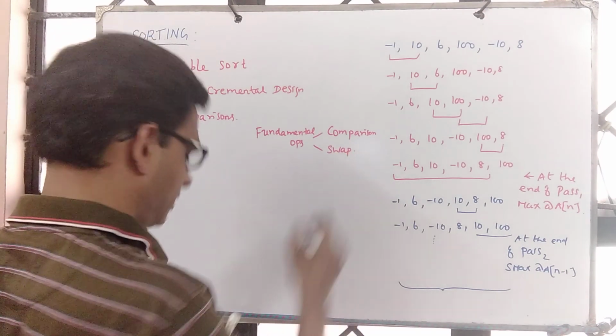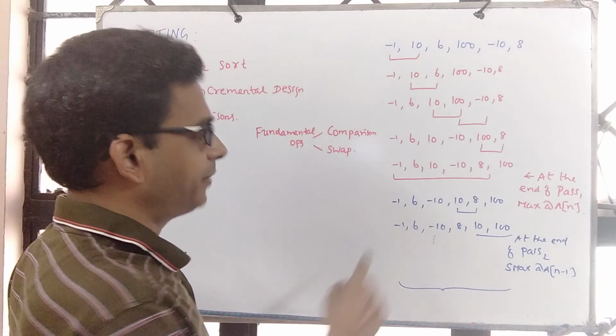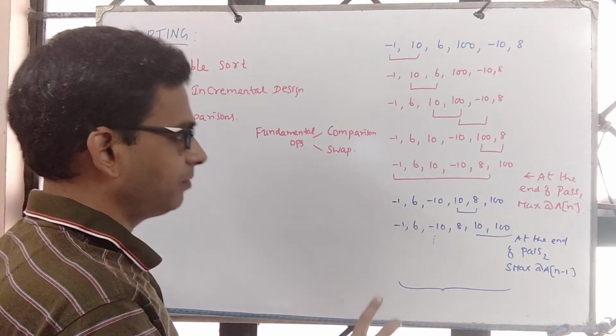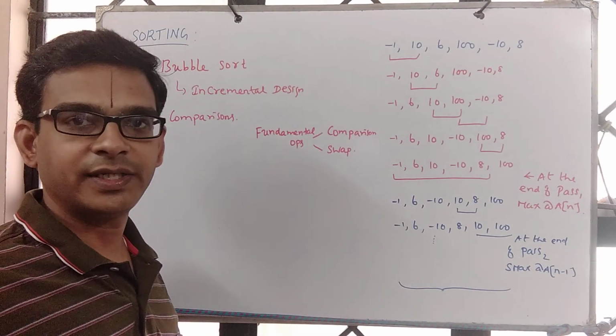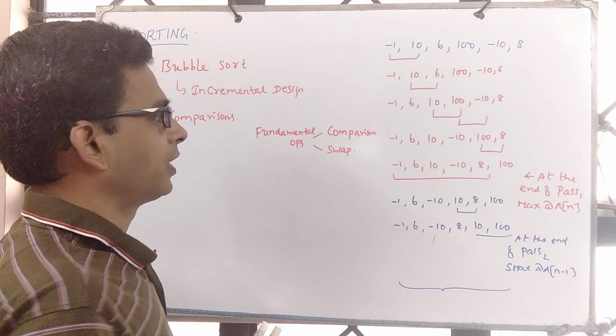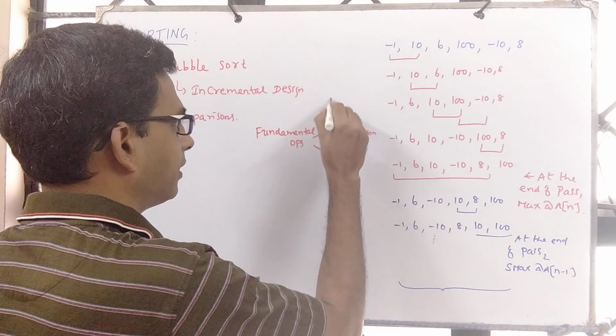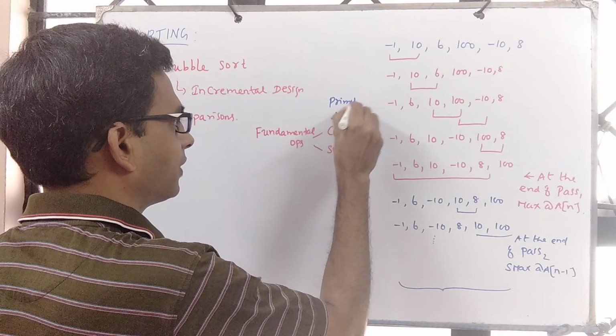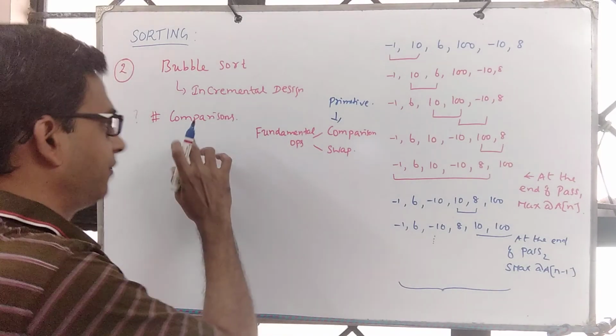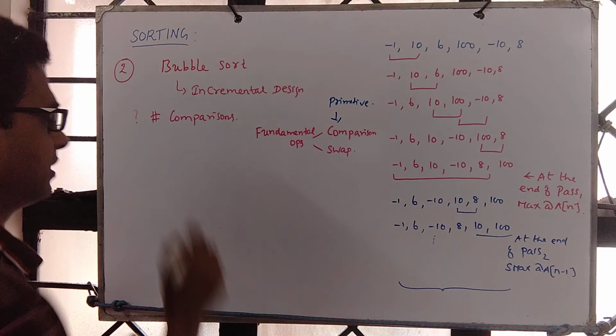But you see that comparison takes place all the time, while swap depends on the context or the input. Which means out of these two, comparison is the primitive operation. Which is why we focus on the number of comparisons.